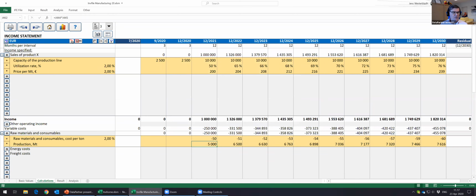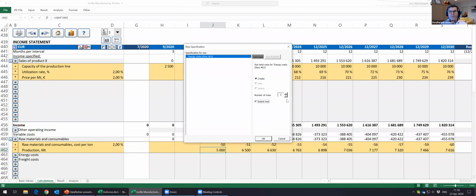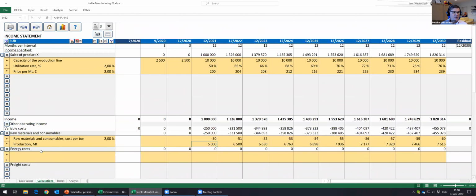Then we can do the energy costs in a similar way. We can have 2 rows again. Energy costs per ton. And let's do it another way this time, just to show you.